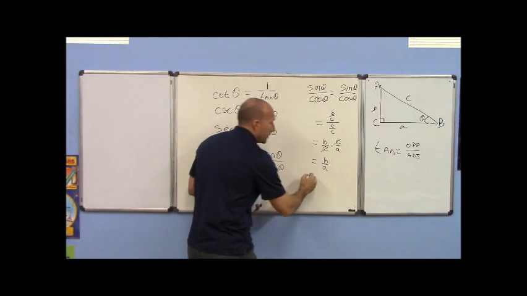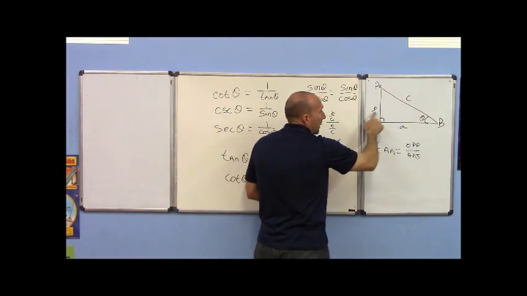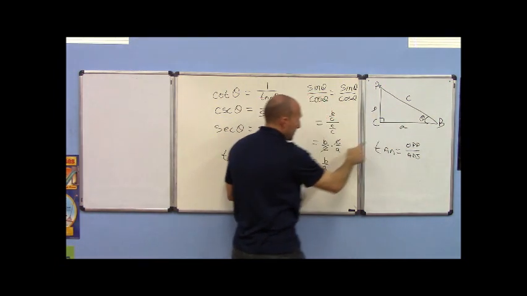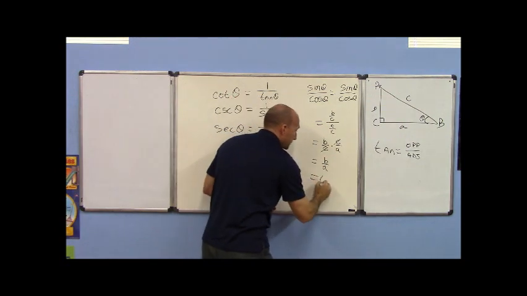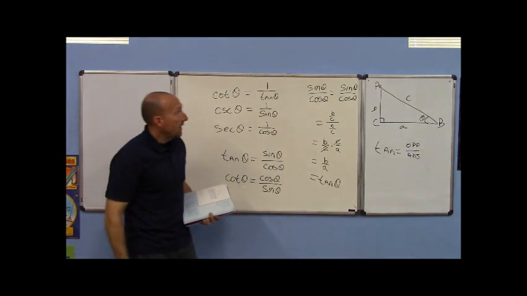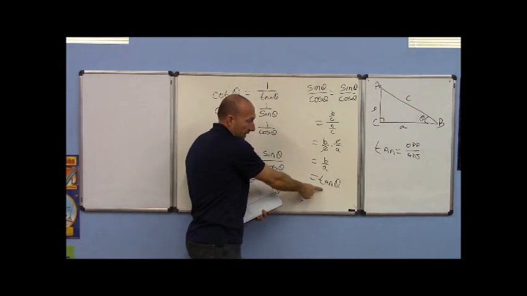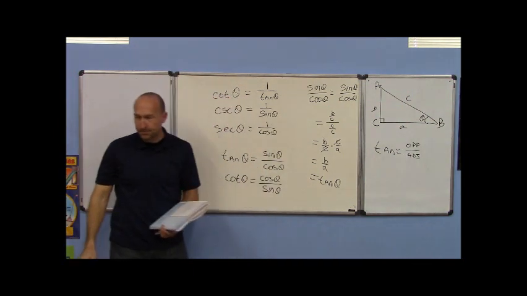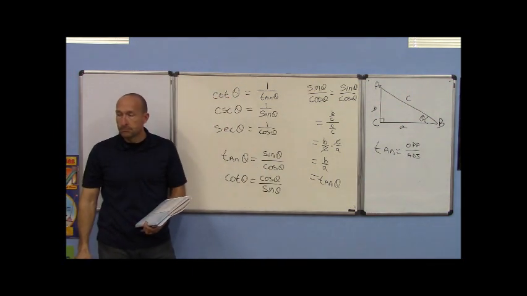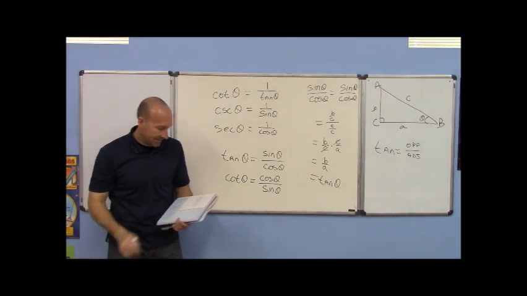Tangent is opposite over adjacent. Well, in talking about theta here, this angle, opposite over adjacent, B over A, so we've proven that sine of theta over cosine of theta does actually equal tangent of theta. Proven. We're done. So now we're solid, right?